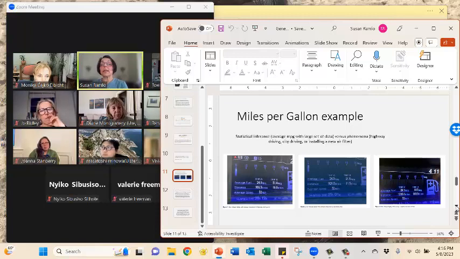So now I can see the influence, the phenomenon of driving in the city. My mileage is less than the two together. So now I can start making generalizations. I can get better gas mileage on the highway than I can in the stop and go world of the city.